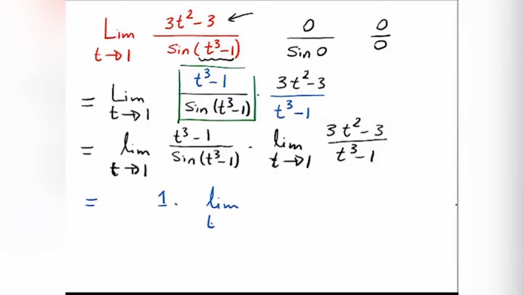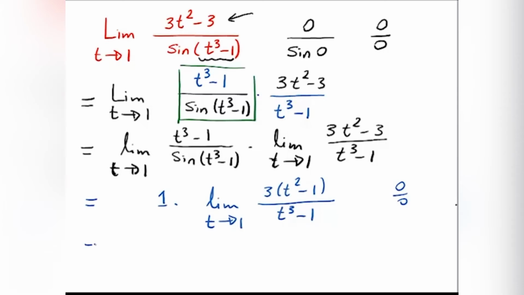Now the second limit as t goes to 1, what will it be? You can take 3 as a common factor, so it will be 3 times t squared minus 1 divided by t cubed minus 1, and it is of the form 0 over 0. Well, this is going to be simple. I will factor the numerator and the denominator.